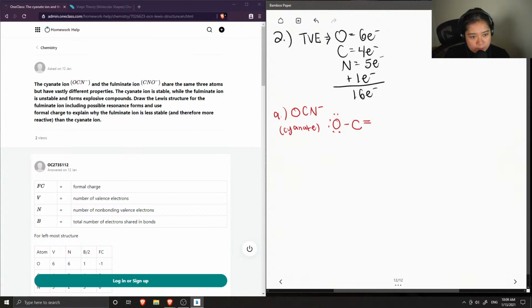First, we can have a single bonded oxygen, and a triple bonded nitrogen. The formal charges would be -1 for the oxygen and 0 for the carbon and the nitrogen.